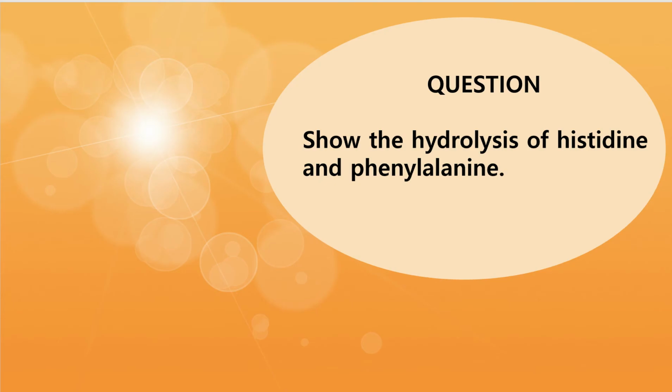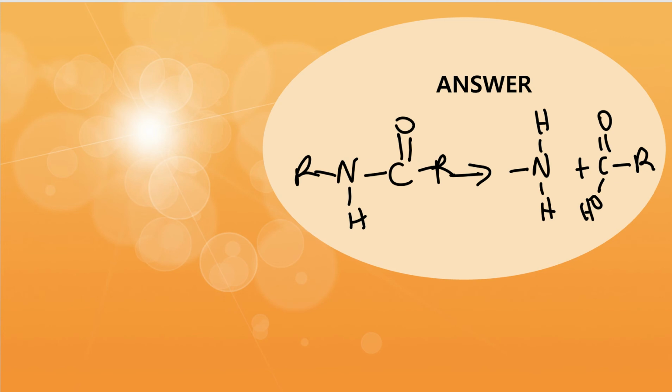All right, so let's go on to another question, which is show the hydrolysis of histidine and phenylalanine. And it'd be nice if you actually know these two amino acids and join them together so that you can show the hydrolysis. Well, if you just chose to use R to represent all of the other functional groups, that would have been fine.